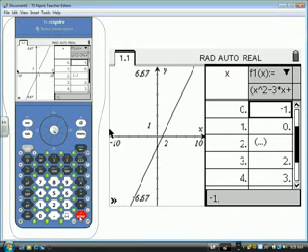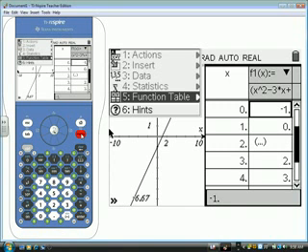On your 84s, you have to do second table set and make sure you still have it on independent ask. And then you do second table, and then you can put your numbers in there. Now, just like the 84, on the Inspire, we have to tell it to do independent ask so we can have control over the table.